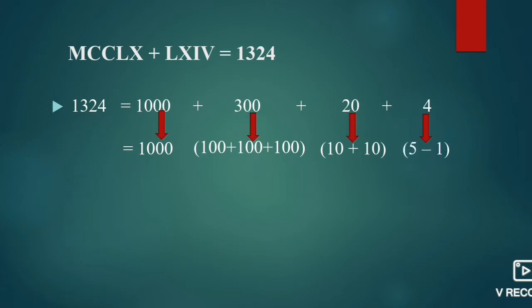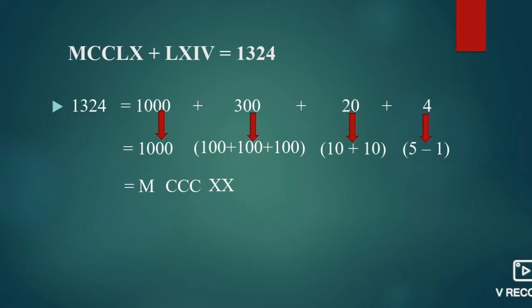Roman numeral for 1000 is M. Roman numeral for 100 is C. So, 3 times C. Roman numeral for 10 is X. So, 2 times X. 5 minus 1. Roman numeral for 5 is V and Roman numeral for 1 is I.